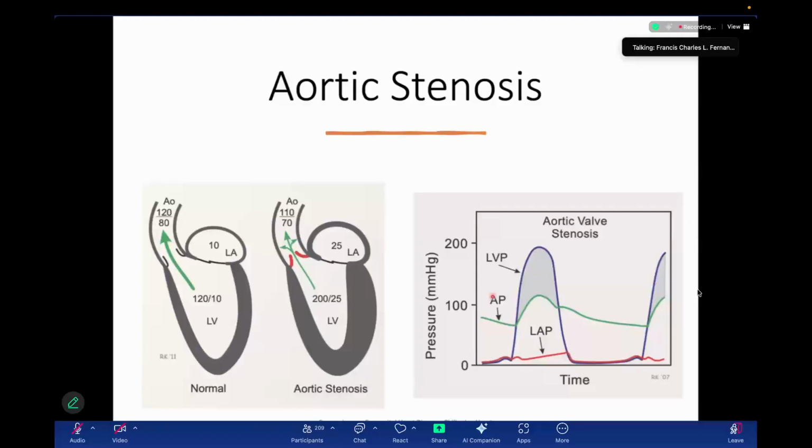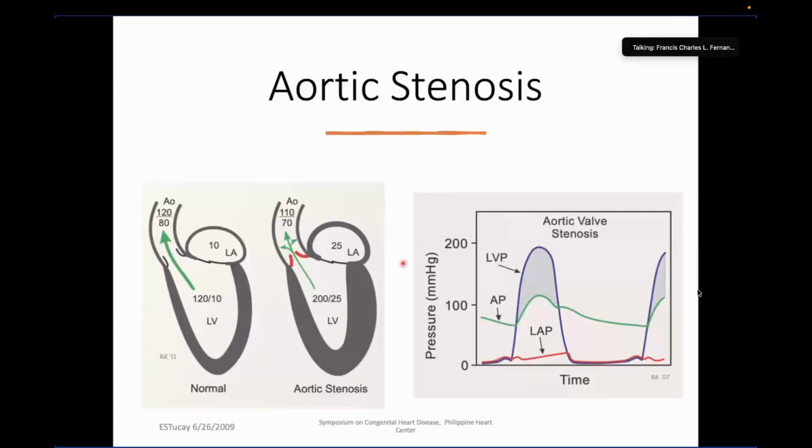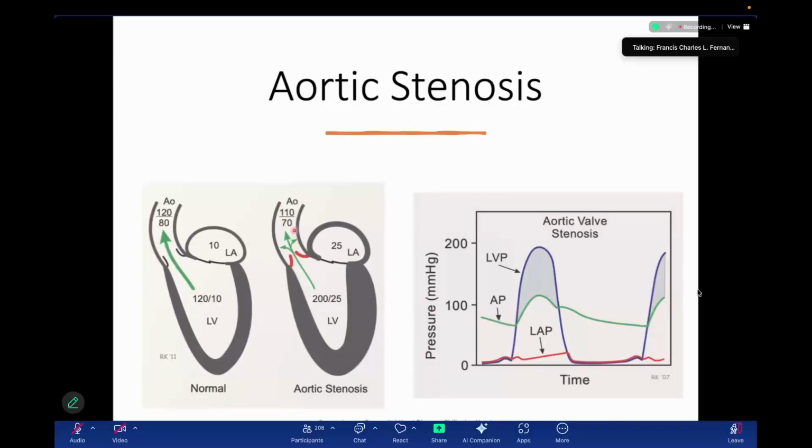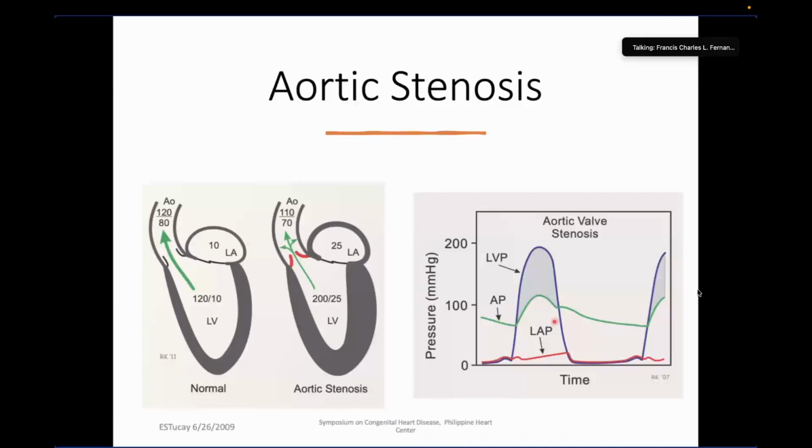And when you pull out the catheter from inside the left ventricle into the aorta, you get this green tracing, and it's markedly lower. So your pressure of 200 inside the left ventricle is now around 110 in the aorta. Imagine how hard the myocardium has to work to eject that amount of blood and generate systemic pressure good enough to perfuse your brain and other organ systems.